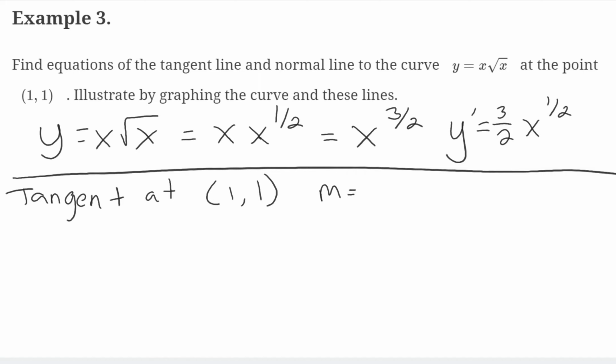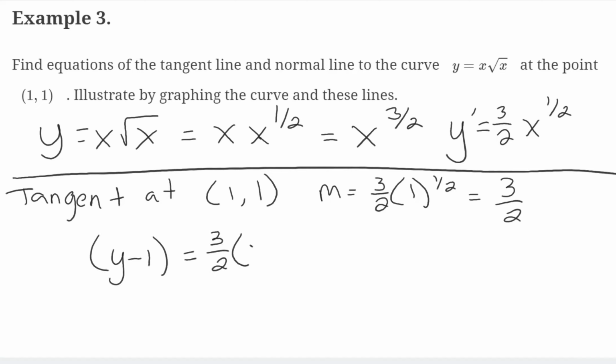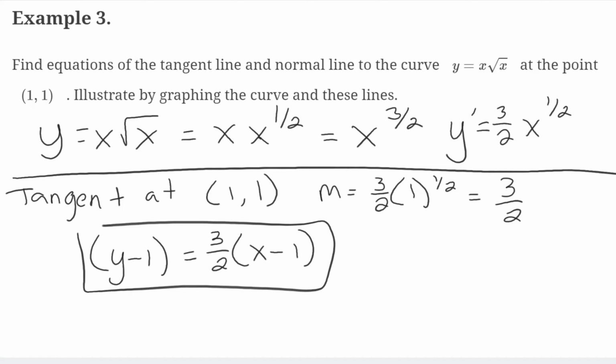So m is 3 over 2 times 1 to the 1 half, which is just 3 over 2. So then we have y minus 1 equals 3 over 2 times x minus 1. So there's my tangent line.